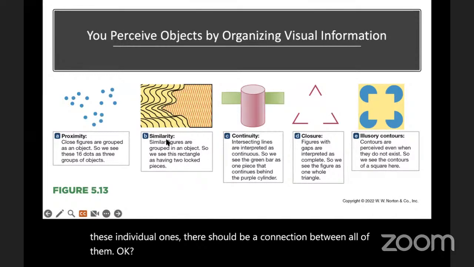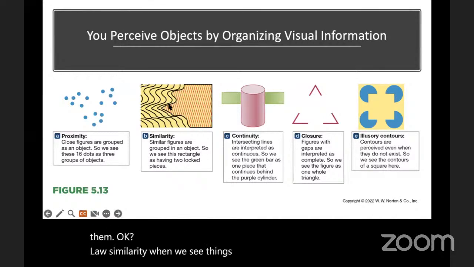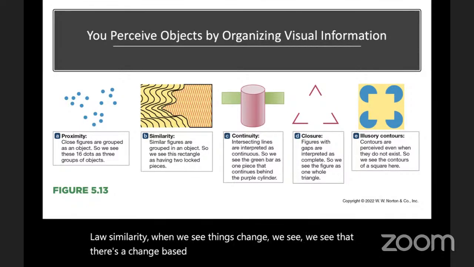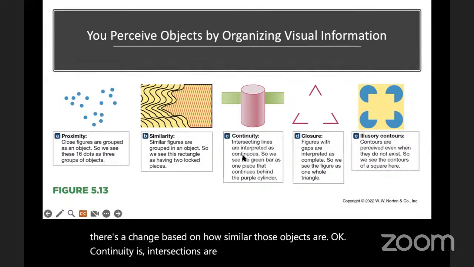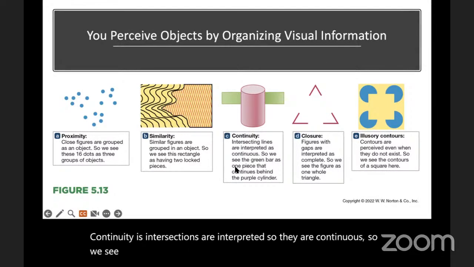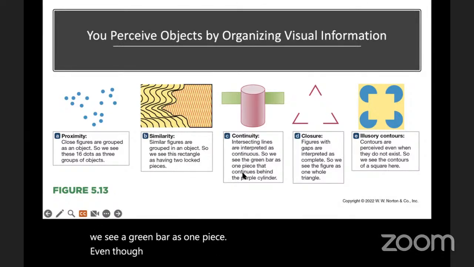Law of similarity, when we see things change, we see that there's a change based on how similar those objects are, okay? Continuity is intersections are interpreted so they are continuous. So we see a green bar as one piece, even though it's being blocked by this cylinder.